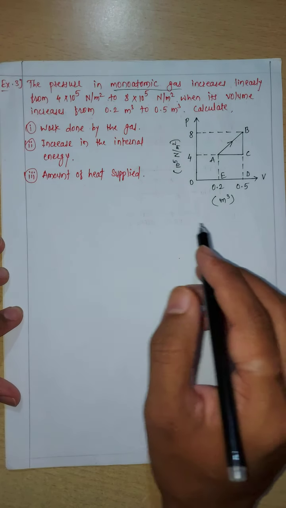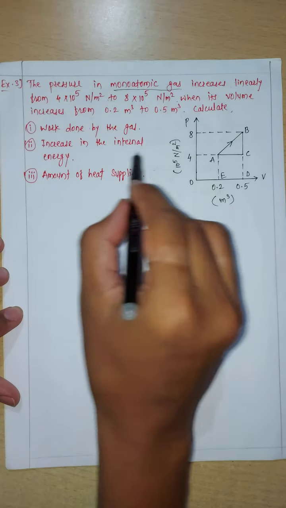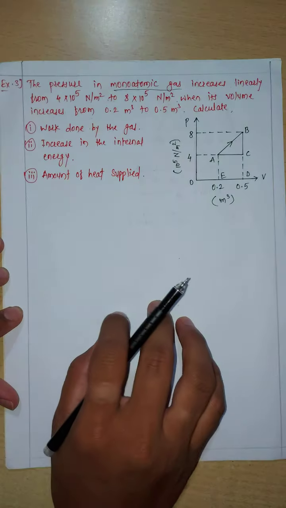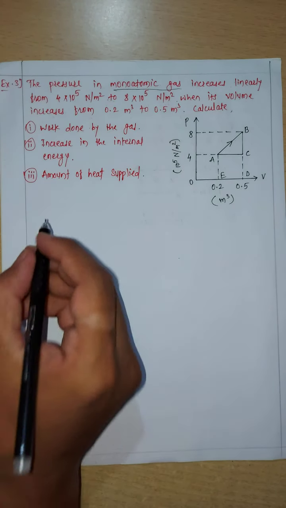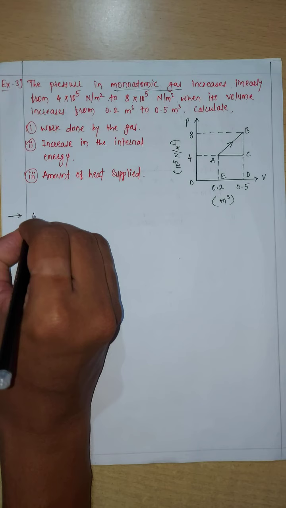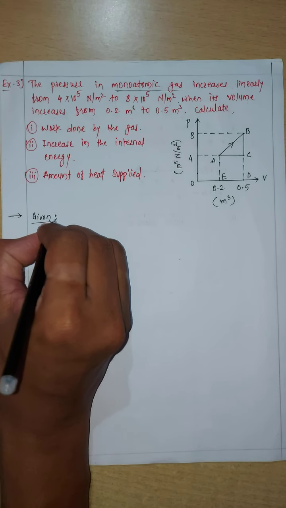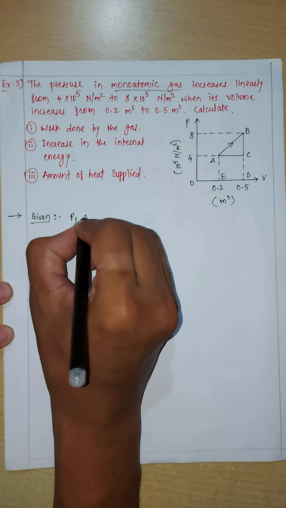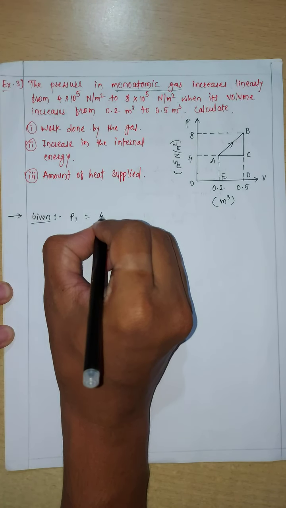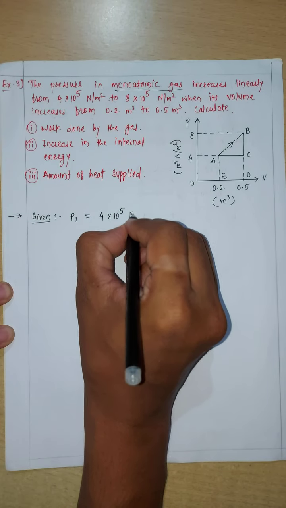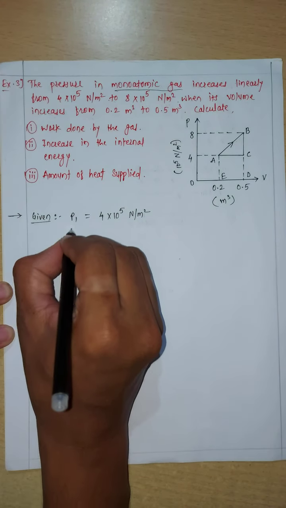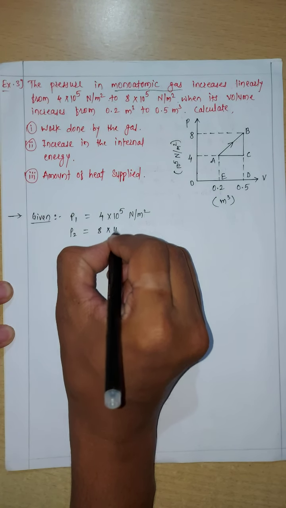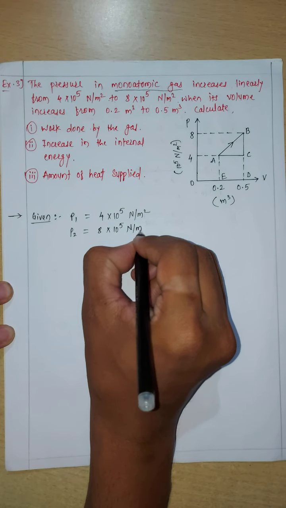What they are asking you to calculate here is the work done by the gas: how much work will be done by the gas? Second, how much internal energy will increase, and third, how much heat is to be supplied to that system. First of all, we will write the given data. They have given two pressures, P1 is 4 into 10 to the power 5 Newton per meter square, and the second pressure, P2, is 8 into 10 to the power 5 Newton per meter square.